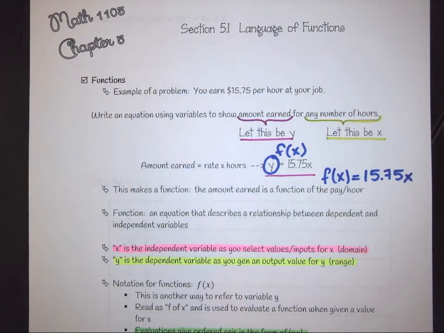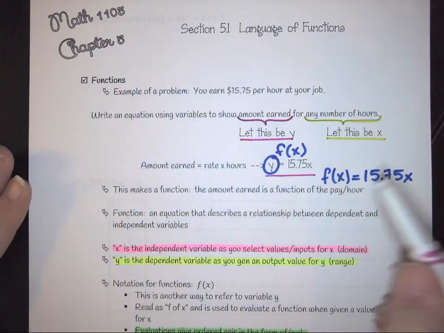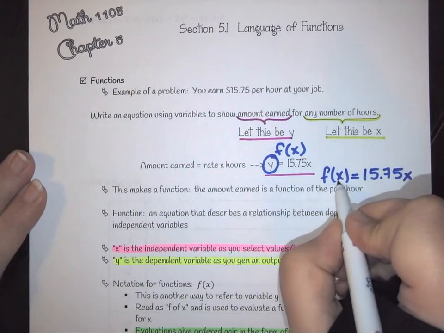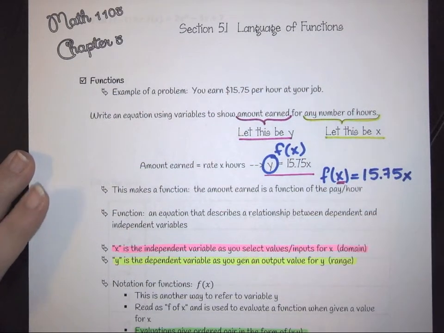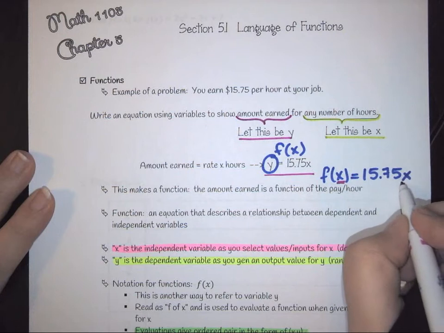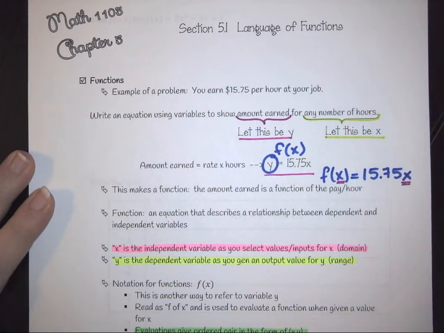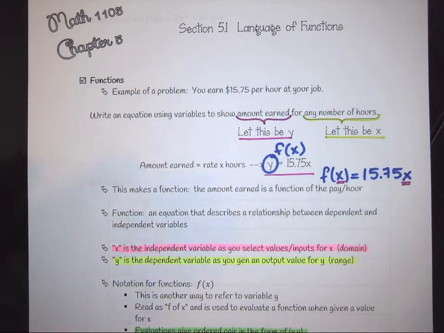Now, what this tells you is that whatever you have as your x value, you have to input. So whatever this value is inside your parentheses, you have to input it anywhere you see an x. Okay, that's what a function says. It's another way of writing. We're essentially telling you what is going on.